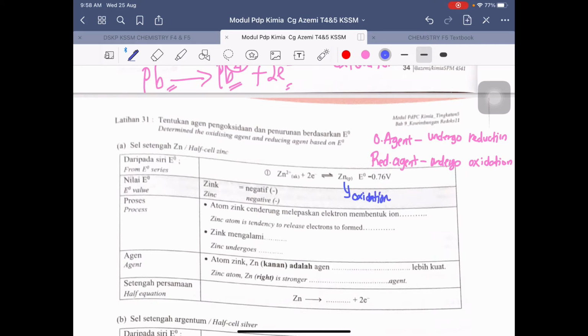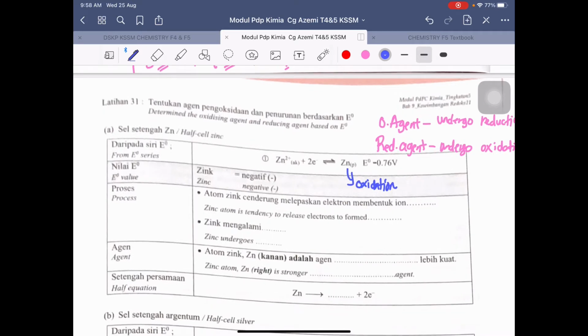Okay, so the process, let us answer this one. Zinc atom has a tendency to release electron to form apa? Kan I said just now, ini adalah standard reduction potential punya half equation. But since we know that kalau dia negative, dia oxidation, so dia punya equation terbalik.